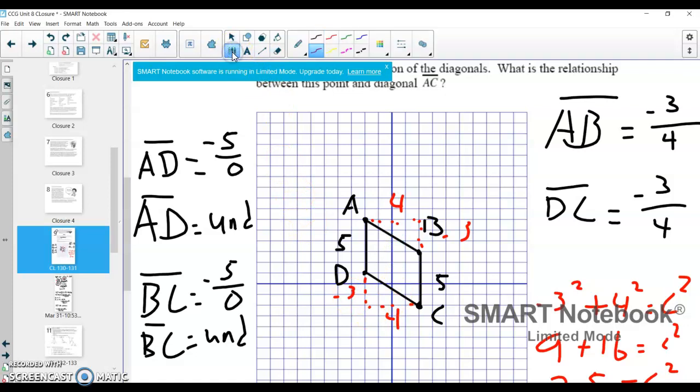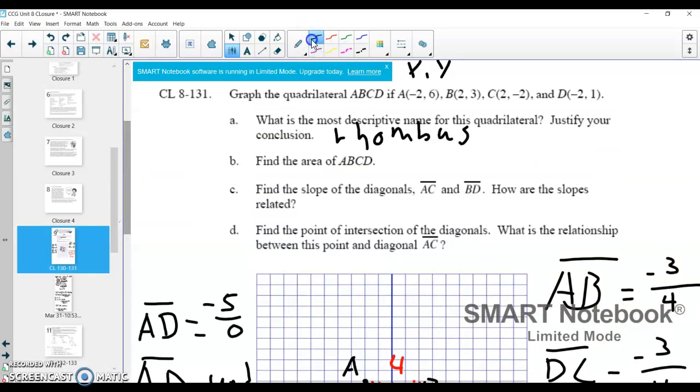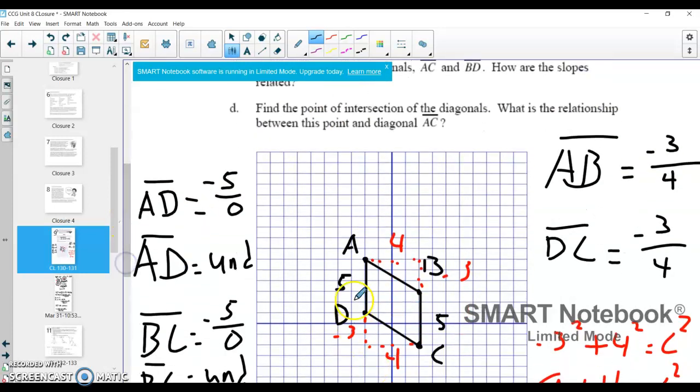When you're finding the area of a parallelogram or a rhombus, it's just base times height, and I have this base of 5 and this height here of 4, and so really all I have to do is multiply 5 times 4, and I should get my area here. And so if I do 5 times 4, I get 20 units squared for my area of this rhombus here. Just doing that, 5 is my base and 4 is the height.